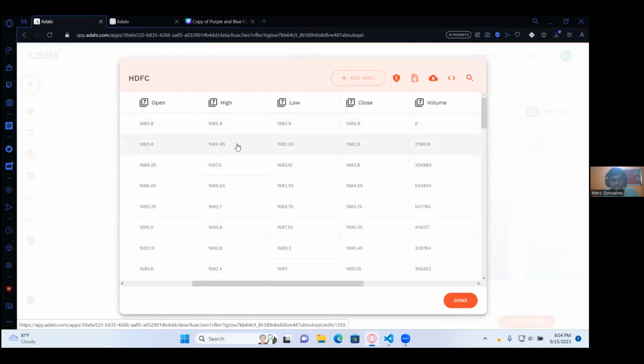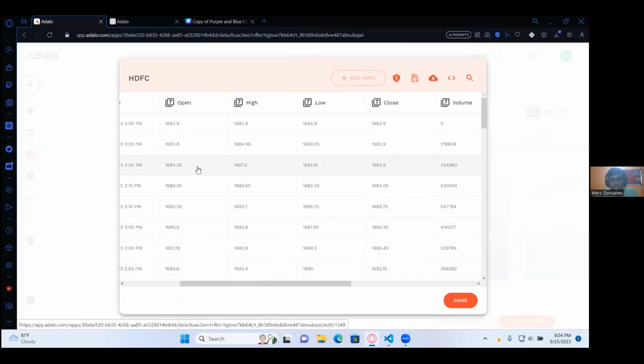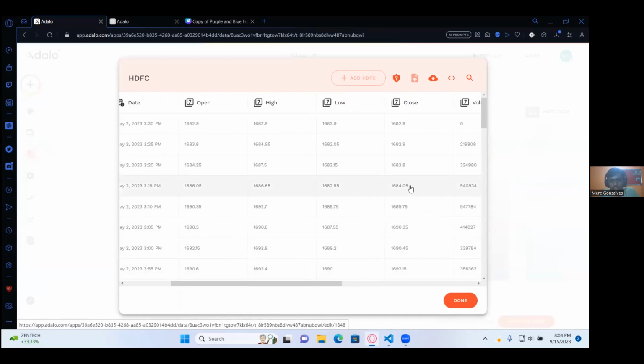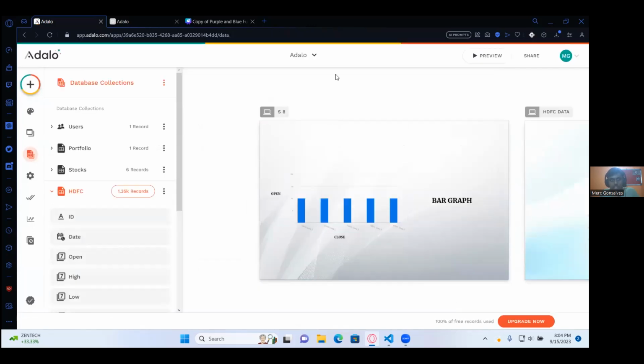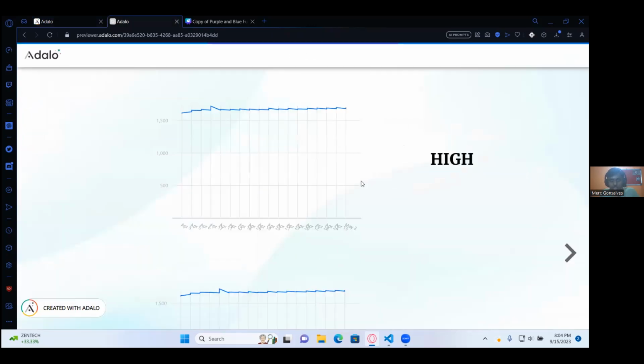And again, if you check the open and close values, we have very similar values with very tiny changes among them. That's why these charts also look very similar to each other.